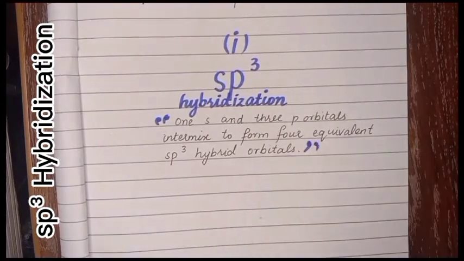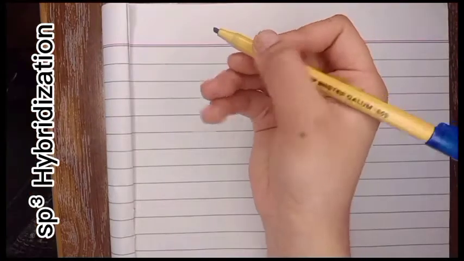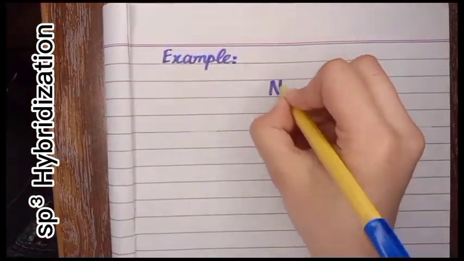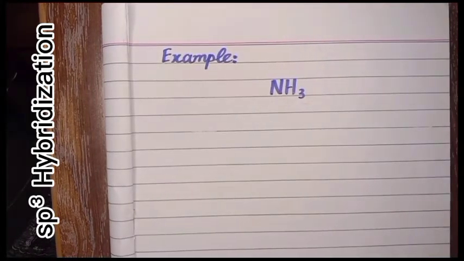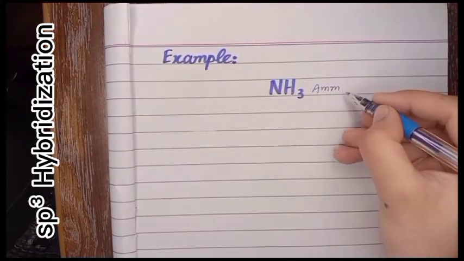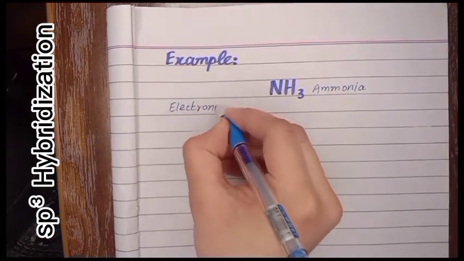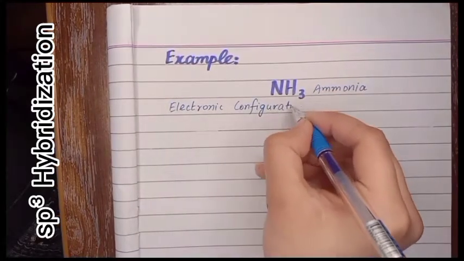Here in sp3 hybridization, 1 s and 3 p orbitals will intermix. An important point I would like to discuss here is that only the central atom takes part in the hybridization process, and then it overlaps with the orbitals of other atoms to form molecules.